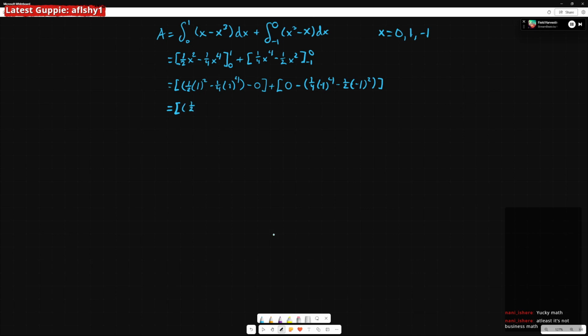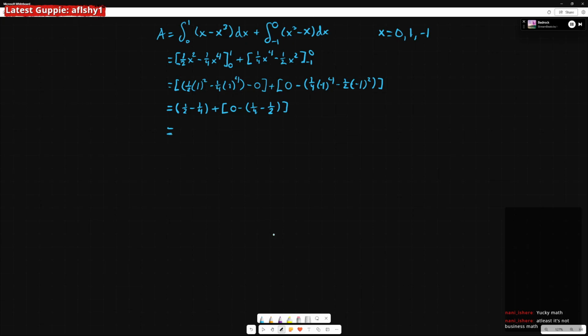So 1/2 minus 1/4, probably just remove the brackets for this one, plus 0 minus 1/4 minus 1/2, because -1 squared and -1 to the 4th both come out to just be 1.